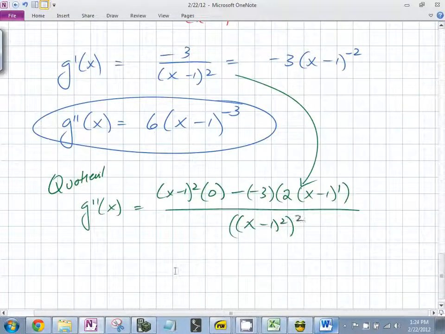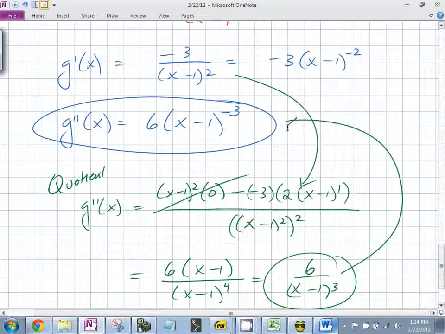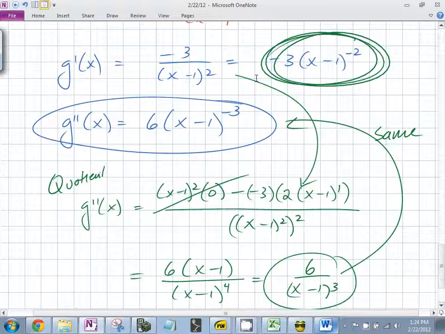So it looks nasty, but that goes away. That's 0, right? And it turns into 6 times x minus 1 all over x minus 1 to the fourth. So that's equal to 6 over x minus 1 to the third. Is that the exact same thing? It's the same thing. Which one's easier? Use that one.